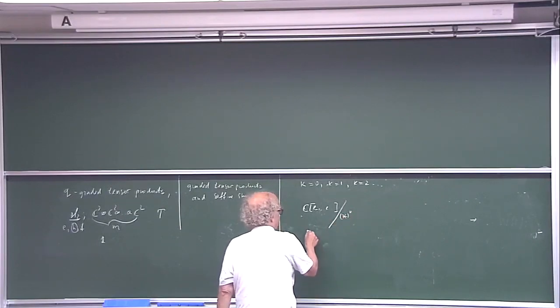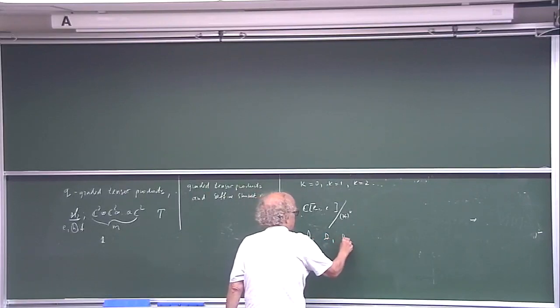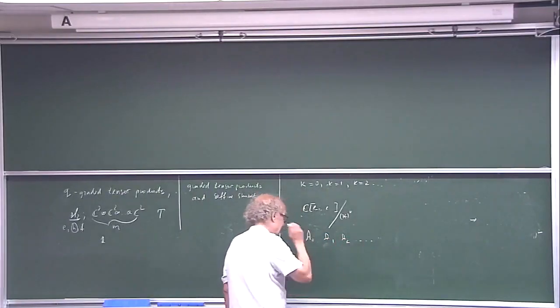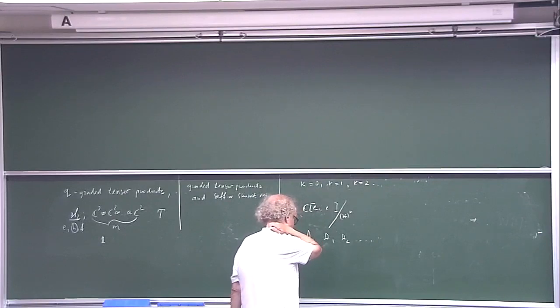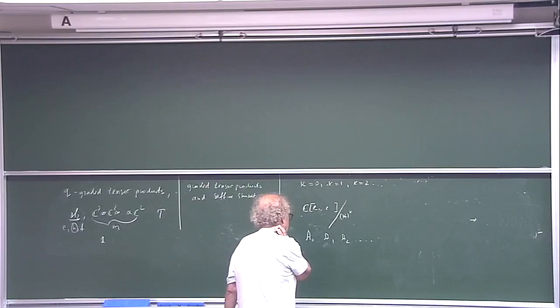And so I had e0, e1, e2, and so on. And here I have a co-algebra structure, and on the dual space I have an algebra structure, and then I can consider the projective spectrum of this.